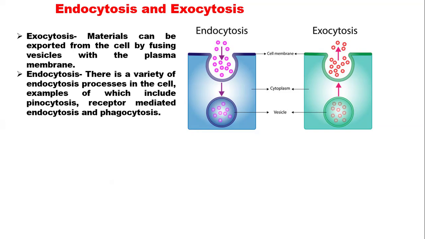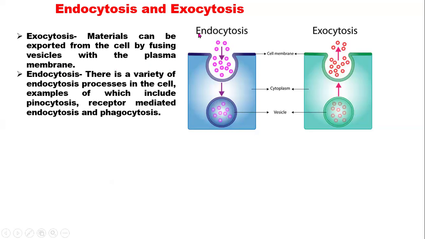These changes occur throughout the lifetime of the cell. Movement of materials out of the cell involves changes of the membrane and formation of vesicles, which is called exocytosis, while movement of materials into the cells is called what? Endocytosis. For exocytosis, materials can be exported from the cell by fusing a vesicle with the plasma membrane.